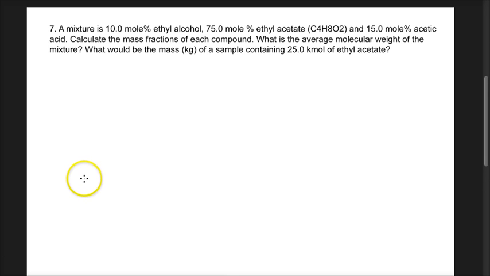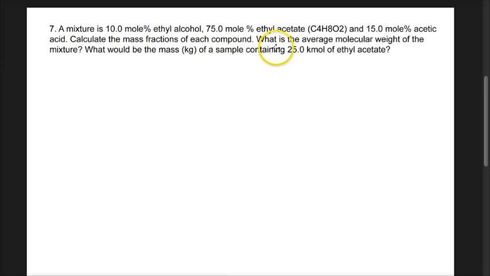This is question number 7, and the question says that a mixture is 10 mole % of ethyl alcohol, which is typical ethanol, 75 mole percent of ethyl acetate and 15% mole of acetic acid. So there's three parts in this question. First, it wants us to calculate the mass fraction of each compound.